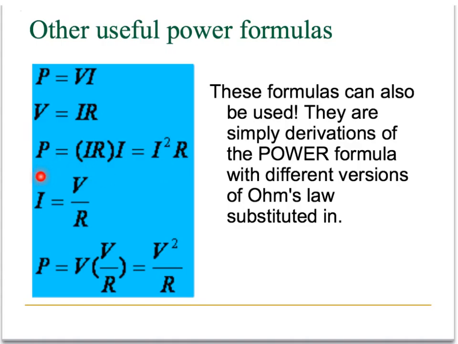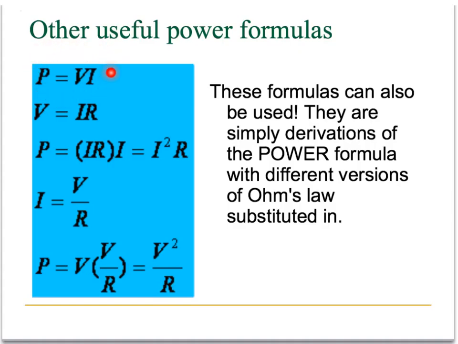If we rearrange Ohm's law, I is equal to V over R. So instead of writing I, we plug in the value of I, which is V over R. Therefore, power would be V multiplied by V over R. V and V is V squared divided by R. So in effect, we have three equations that are very useful to solve for power.